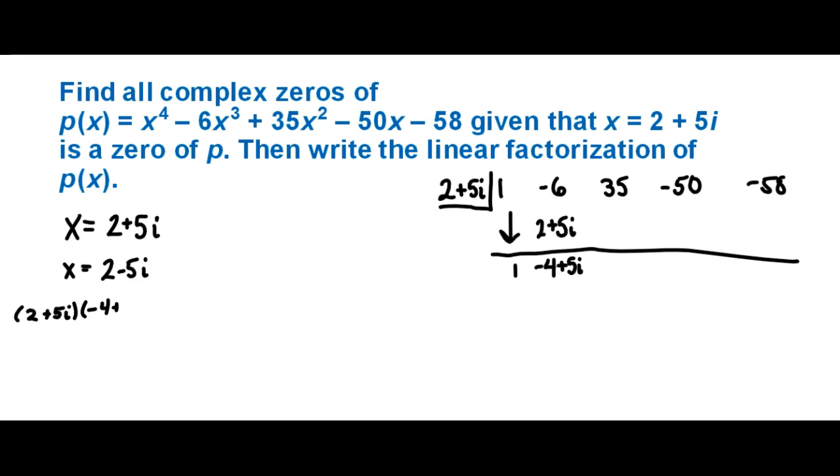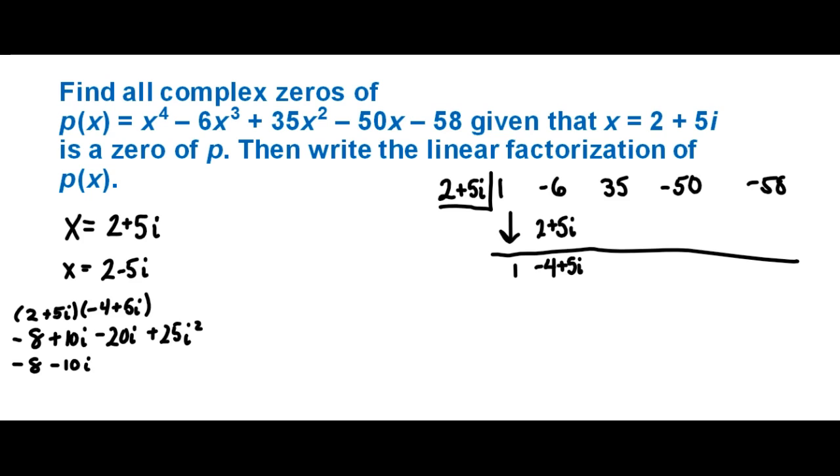And what happens when I do that is 2 times negative 4 is negative 8. 2 times 5i is 10i. 5i times negative 4 is minus 20i. And then the last becomes 25i squared. So then we have negative 8. Simplify it, we get negative 10i.